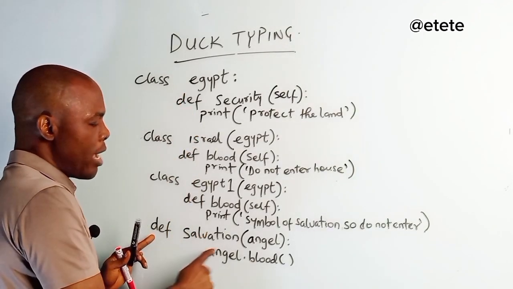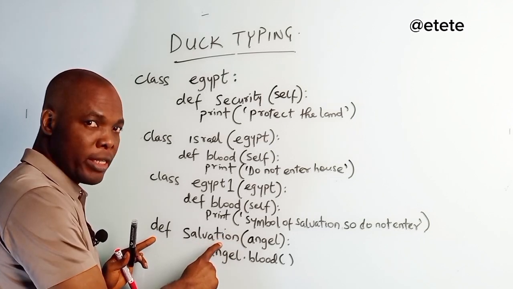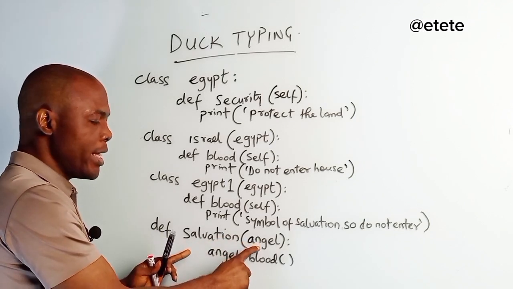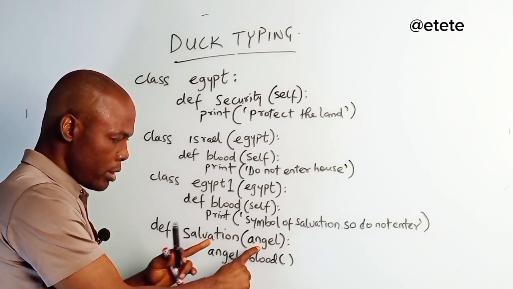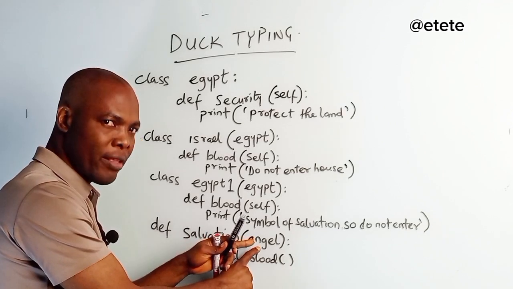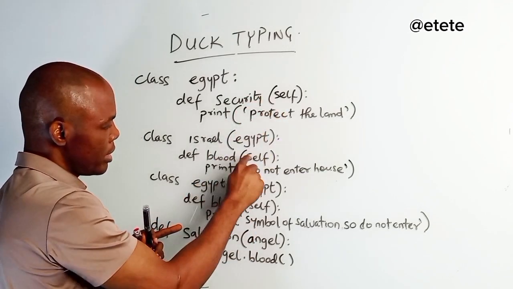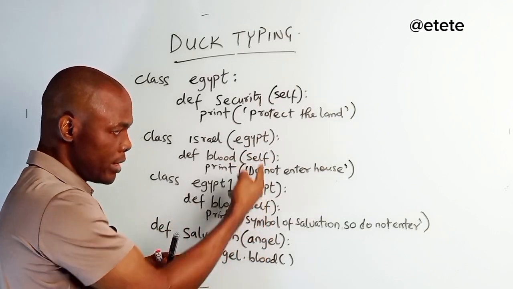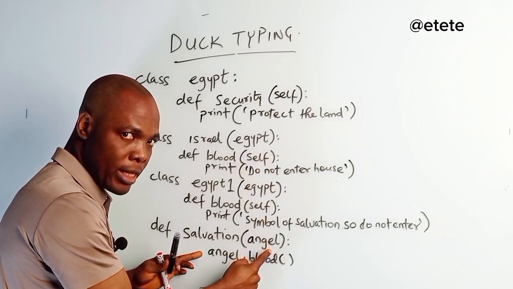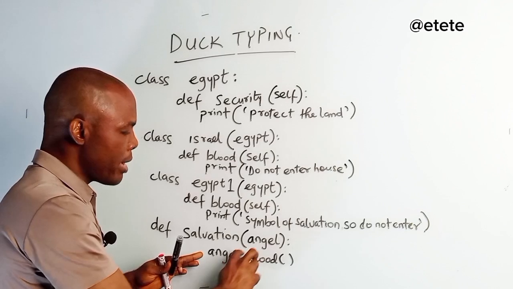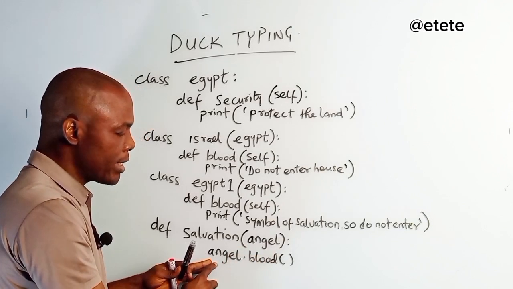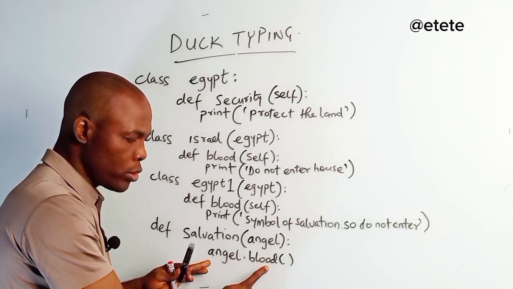So now this salvation, which is a method, is expecting angel, which is just a place I can call self. I can give this place self, but I want to give it angel, right? Now I'm going in and using that angel to call the blood function.